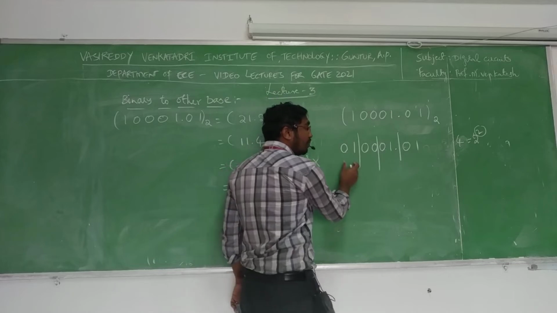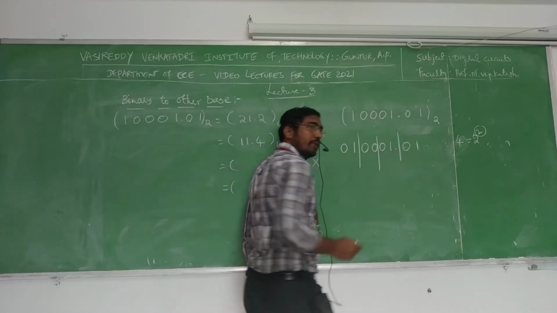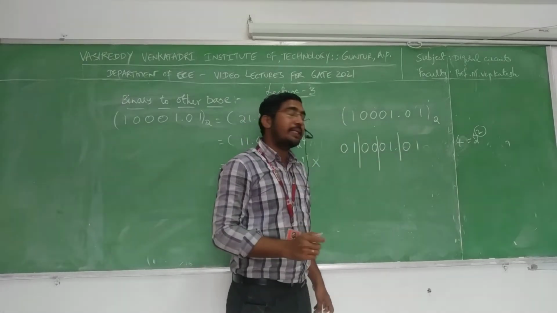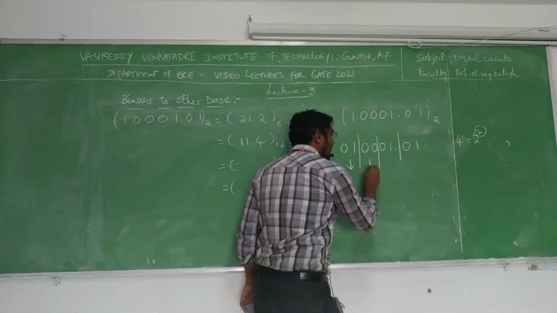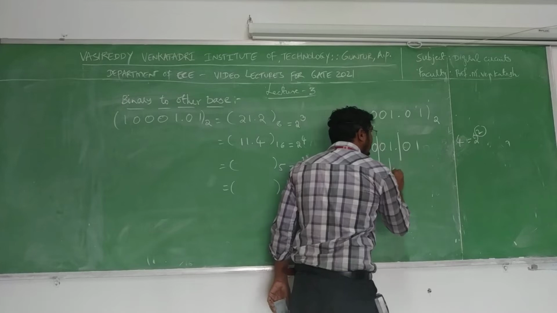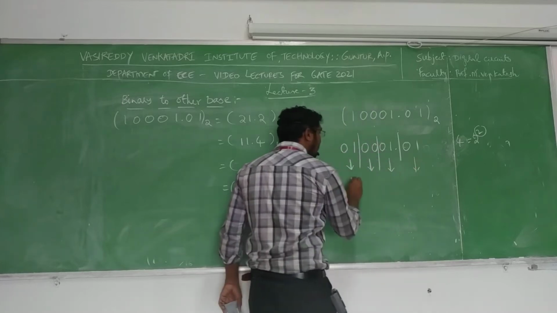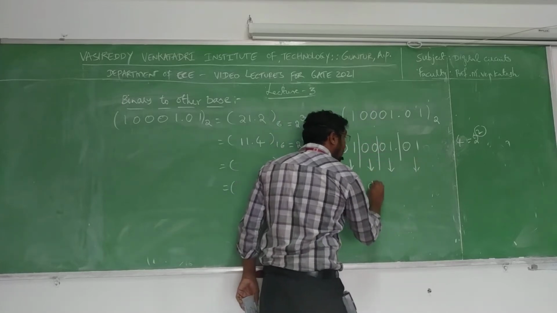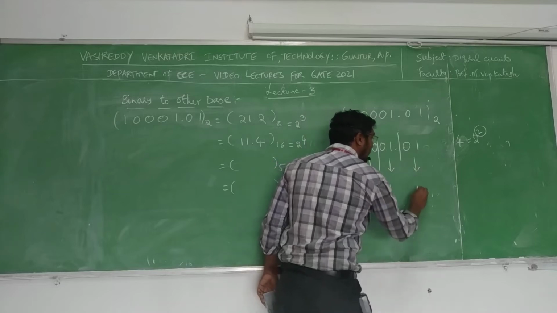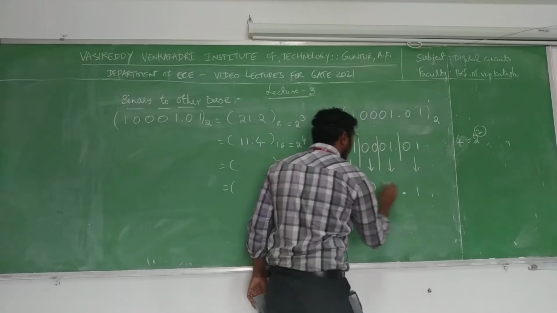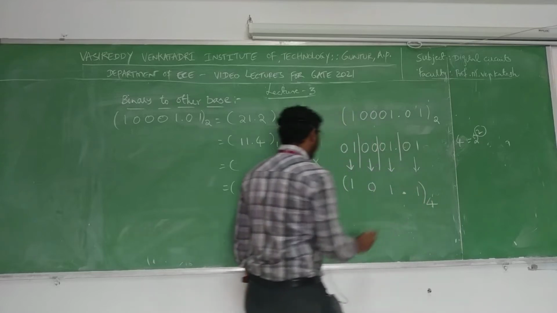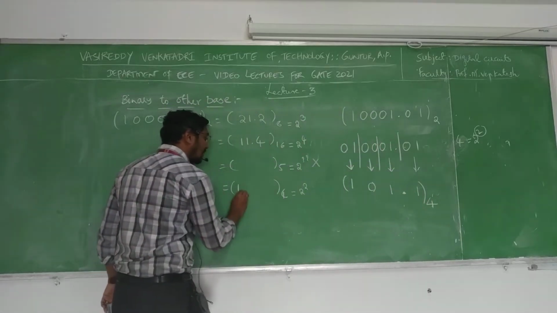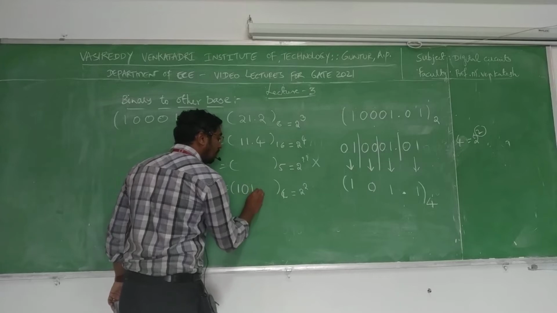Now in each group, there are 2 bits. So after grouping, represent each group in its base 4 equivalent. Now 01 is a 1, 00 is a 0, 01 is a 1, and 01 is a 1, and there is a fractional point here. And we got the answer: 101.1.